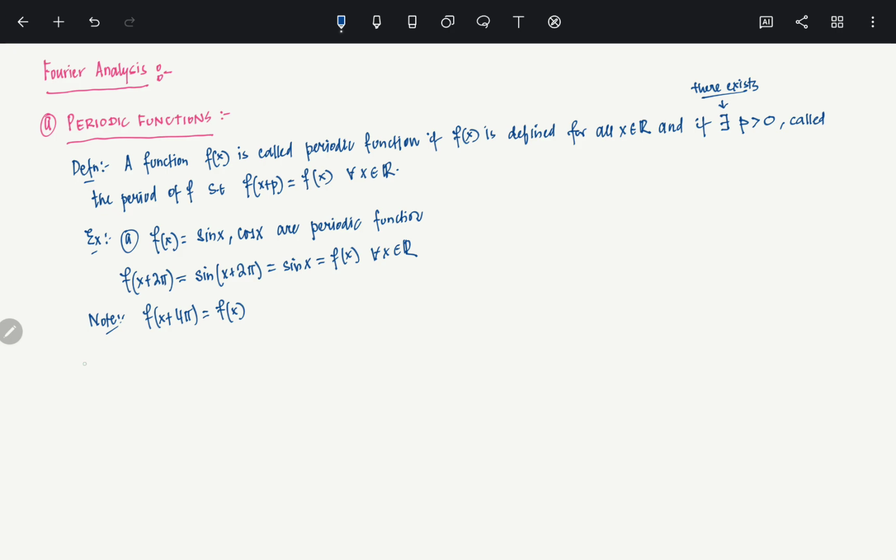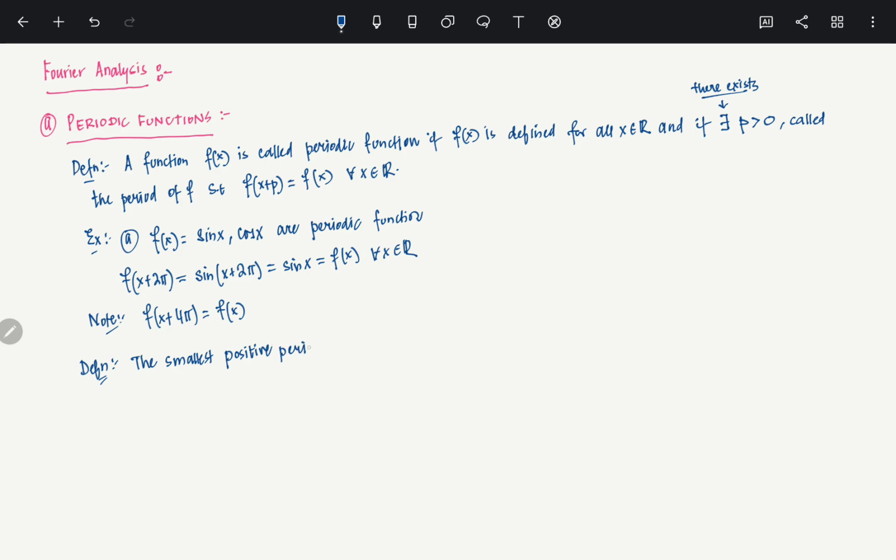But there will be a smallest possible period. So let me make a small definition here. For the earlier case of sine or cosine, the smallest possible positive period will be 2 pi.